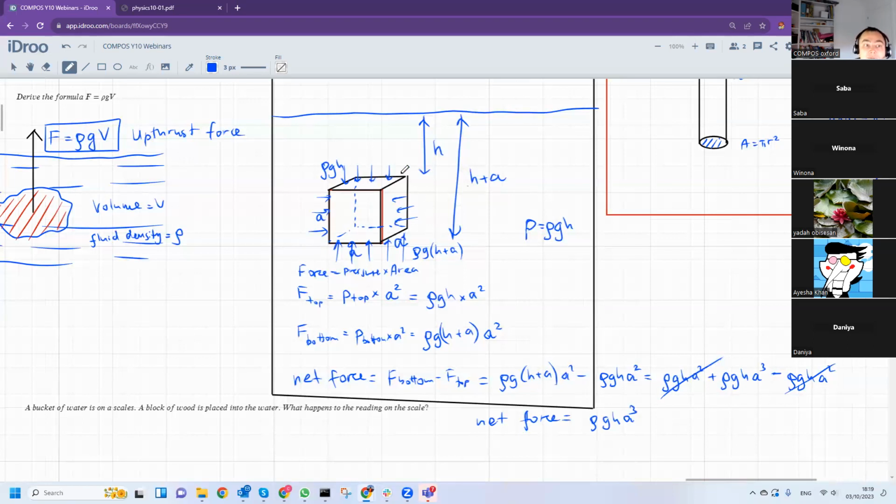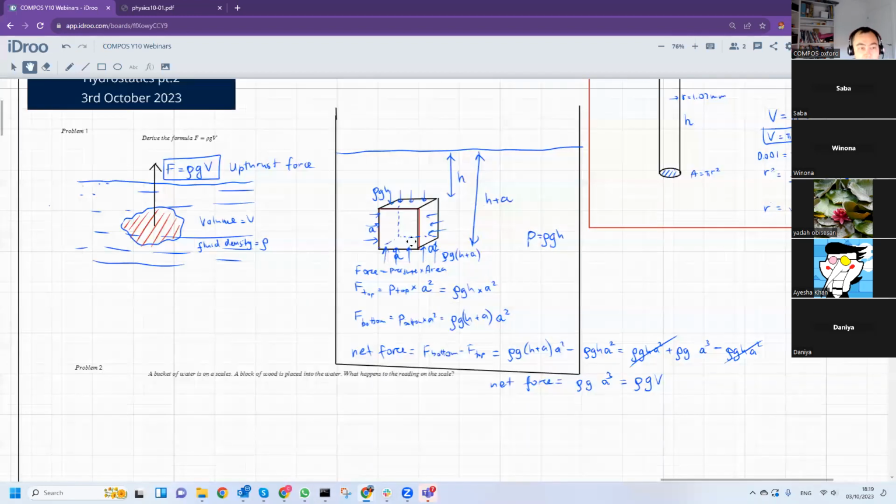But A cubed is the volume of the cube, which is rho. Sorry, I've done something wrong. There's no h here. Sorry. Rho g A cubed. So it's rho g V. Rho is the density of the liquid.